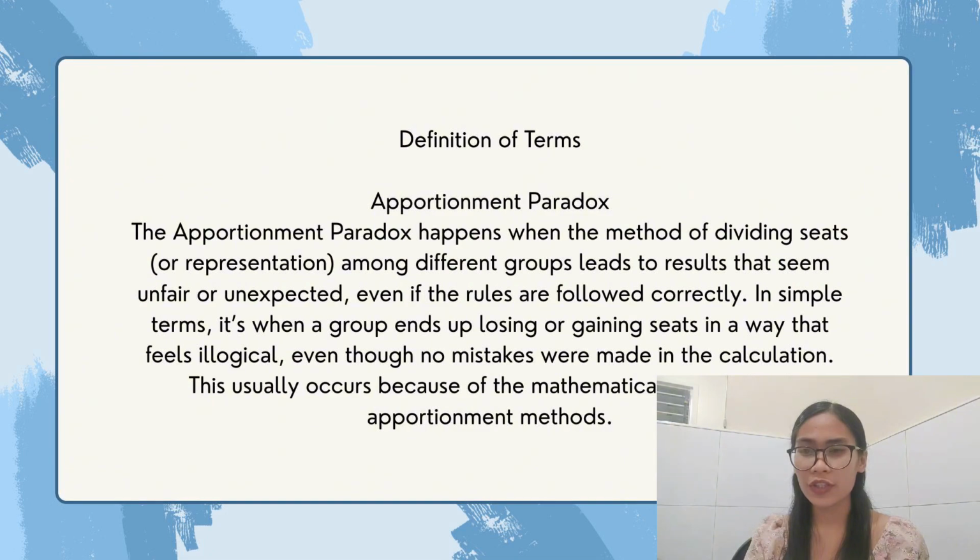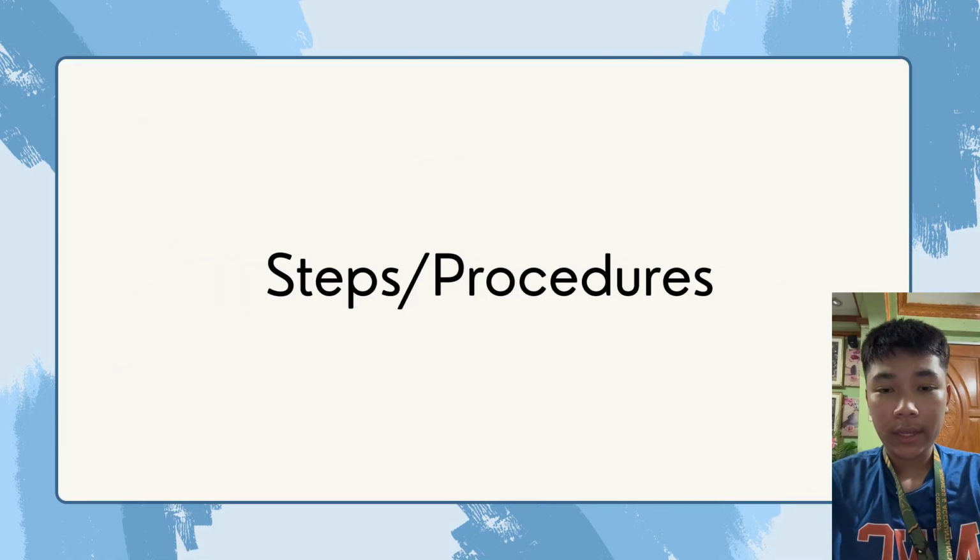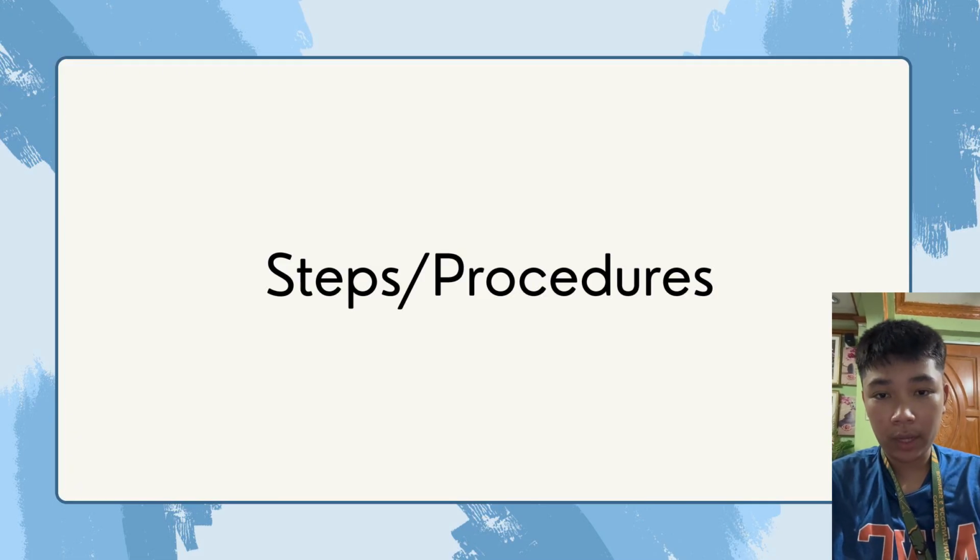In simple terms, it's when a group ends up losing or gaining seats in a way that feels illogical, even though no mistakes were made in the calculation. This usually occurs because of the mathematical rules behind apportionment methods. And here are the steps and procedures of each paradox.